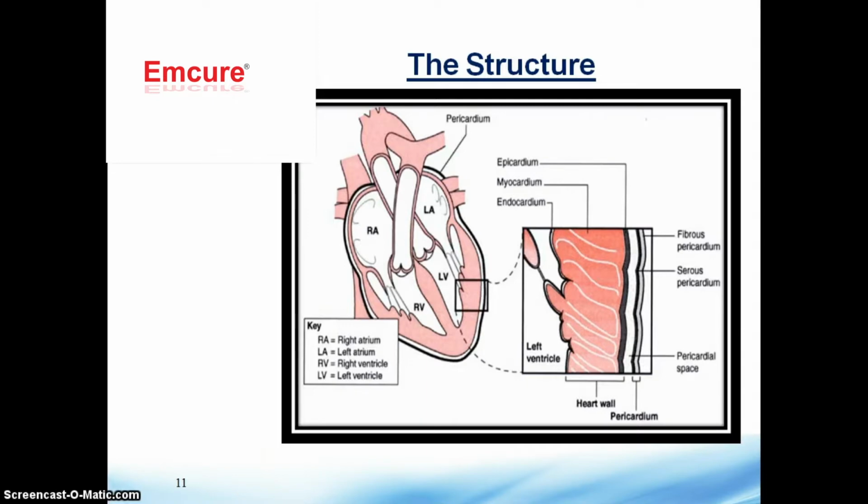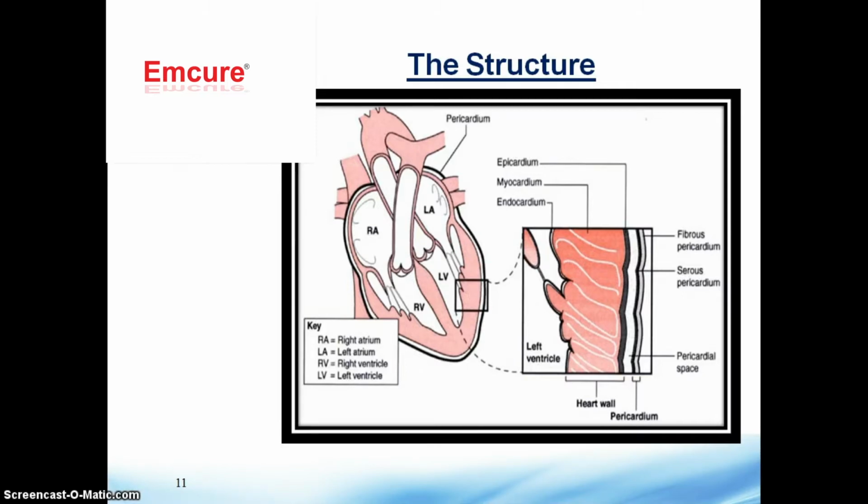As you can see in this figure, we have the innermost lining of the heart, which is called the endocardium. Then you have the middle lining of the heart, which constitutes the major chunk of the heart and is called the myocardium.